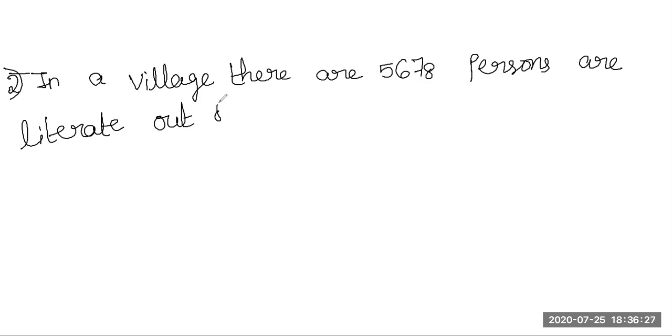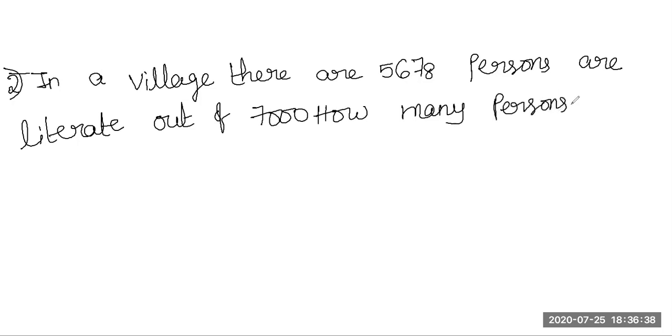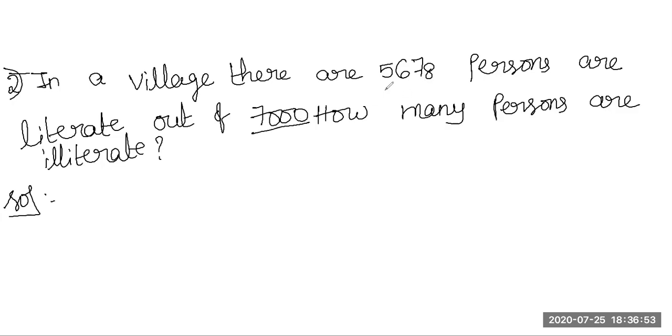Out of 7,000, how many persons are illiterate? So out of 7,000 members, these many members are educated and how many members are not educated?